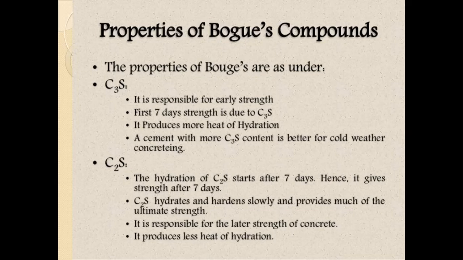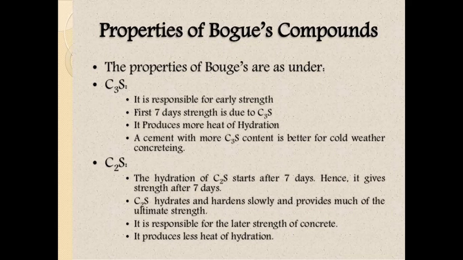So the tricalcium silicate is responsible for the early strength of the concrete. So in 7 days, the strength is due to the tricalcium silicate. In cold weather conditions where the temperature is less than 4 degrees, and we require to set the concrete or require early strength, due to the low temperature the heat of hydration decreases and it also affects the rate of gaining of strength.